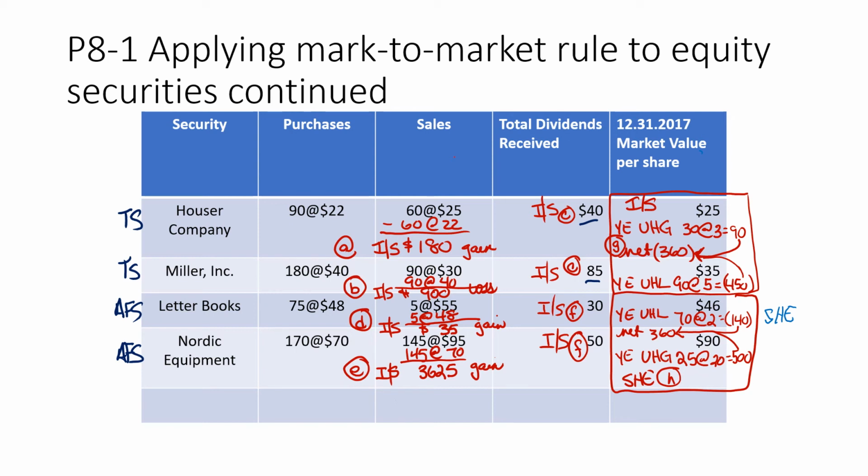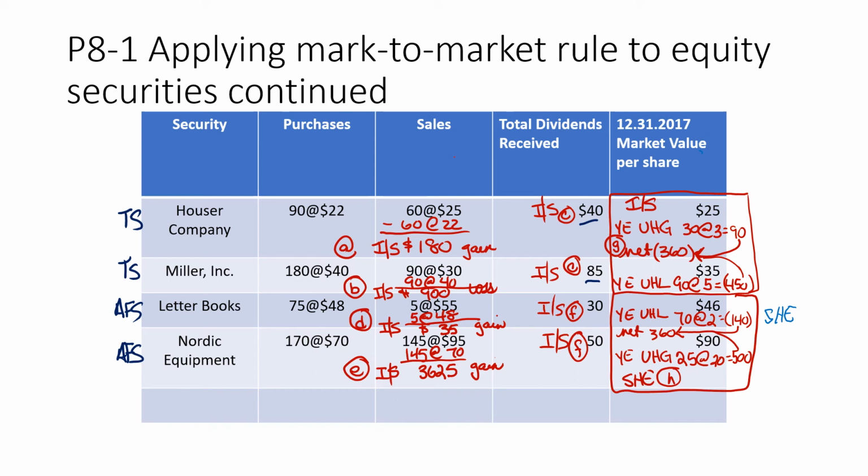But at the end of the year, the fair value was $90. So we need to write up the remaining 25 shares from $70 to $90, or a $20 increase. So we're going to have an unrealized holding gain of 25 times 20, which is 500.